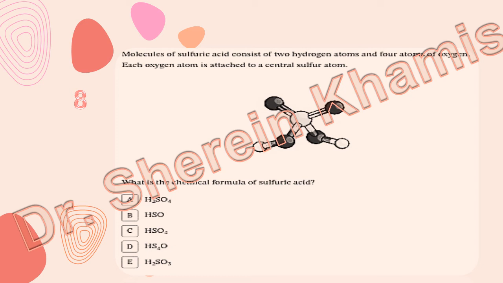We will start with H, because it is an acid. We have two hydrogen atoms, and we have the sulfate group. We make an exchange of valency. Hydrogen gives one, and the sulfate group is divalent. The sulfate group gives two to hydrogen, and the hydrogen gives one to the sulfate group, so its chemical formula will be H2SO4. The answer will be letter A, H2SO4.